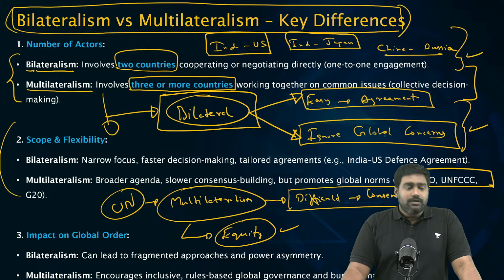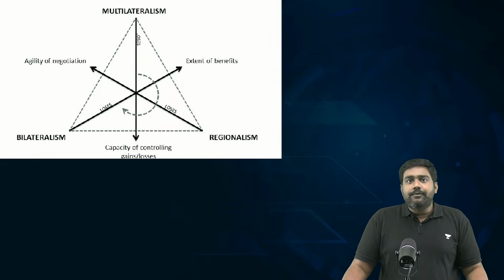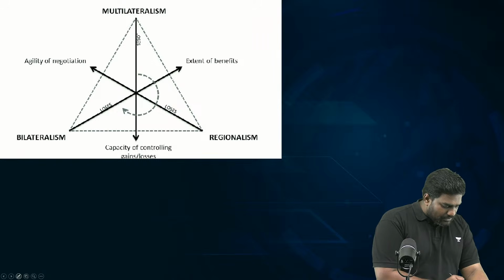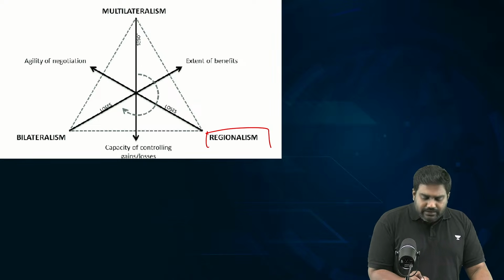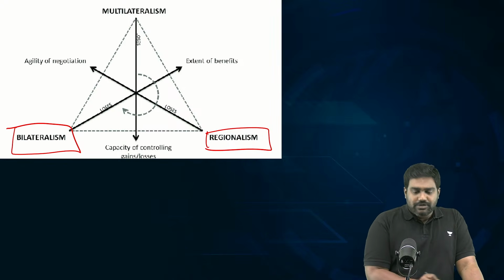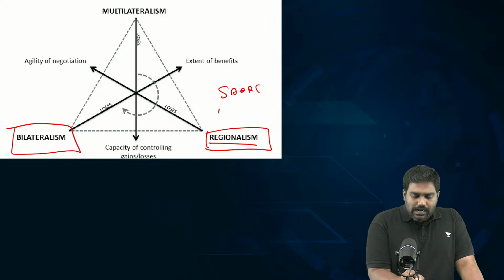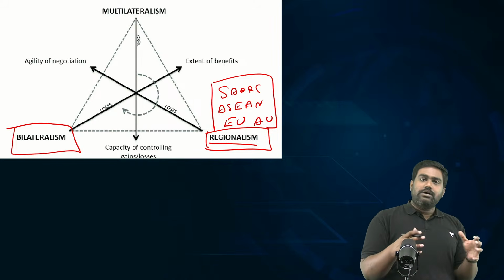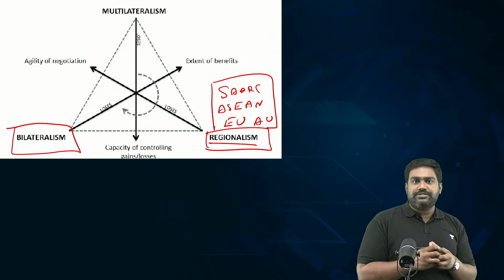Today, there is something else which is coming up. There is regionalism, there is minilaterals, which we see on the rise. There are region specific groups as well. Apart from bilateralism, there are region specific groups like SAARC, ASEAN, European Union, African Union. Countries of a particular region come together to work for the common interests.